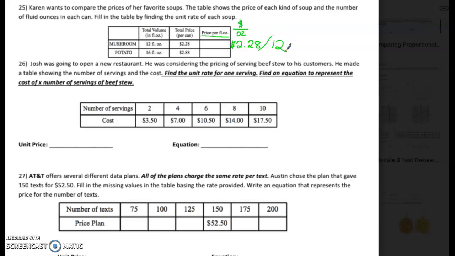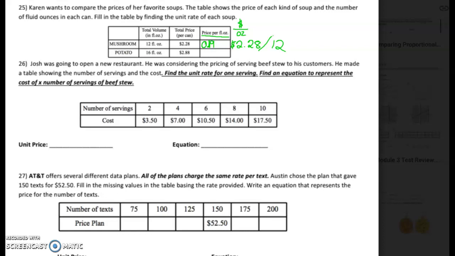And so when we figure out that unit rate, the unit rate for the mushroom soup is going to end up being 19 cents per fluid ounce.